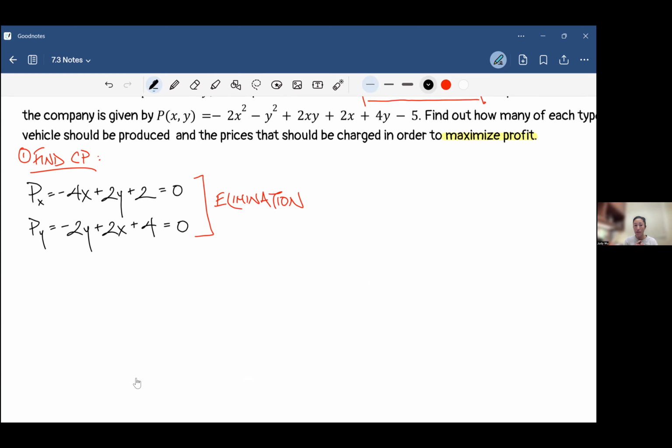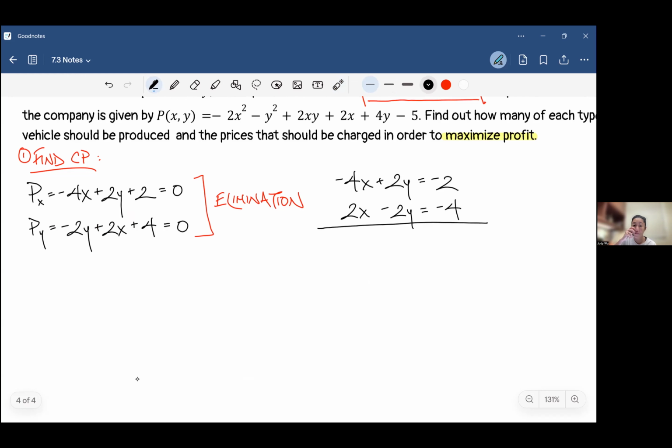But before we do elimination, it's usually easiest if you line everything up in the same order in both equations, okay? So I'm going to write the first equation as negative 4x plus 2y equals negative 2. So I'm just subtracting that 2 to the other side. And the second equation, I'm going to write 2x minus 2y equals negative 4. Okay, so 2x minus 2y equals negative 4.